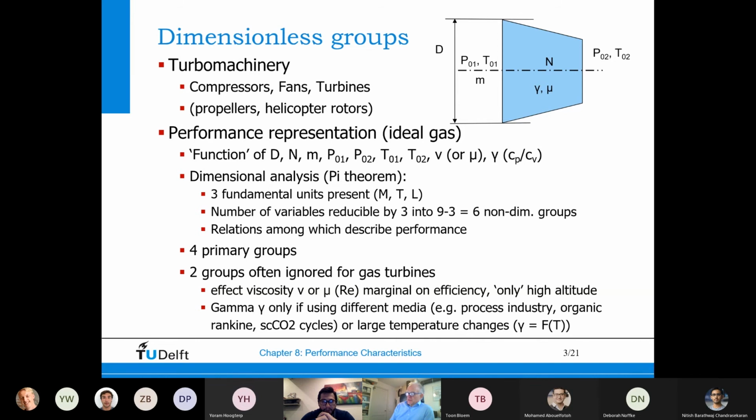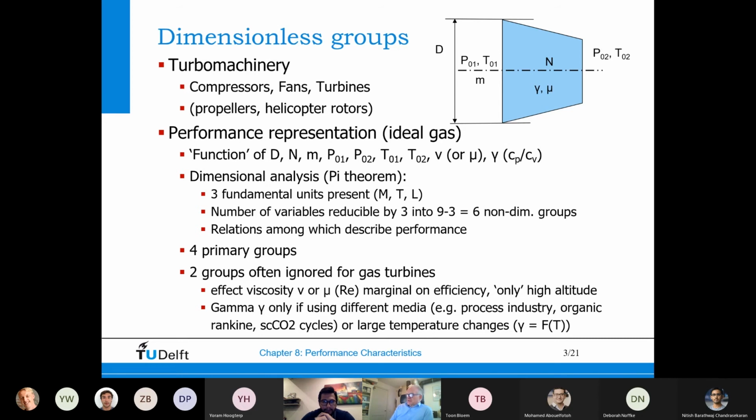And gamma, ratio of specific heats, we only use if we are assessing the application of a turbo machine for different media. It has, of course, a very small effect also if we're just looking at air, because of the small change of gamma, but we can usually consider it negligible, also in relation to the uncertainties and the error margins we have, which are then larger.